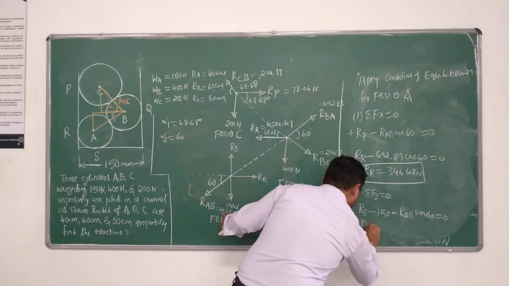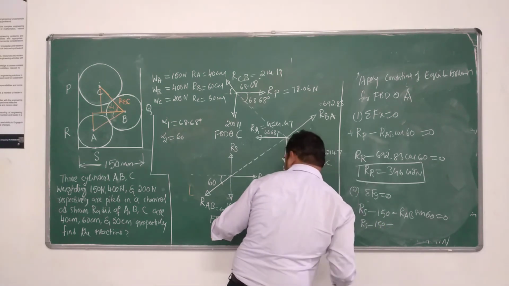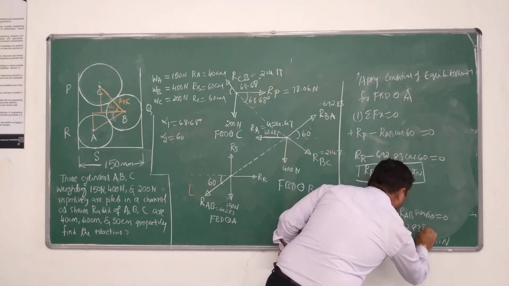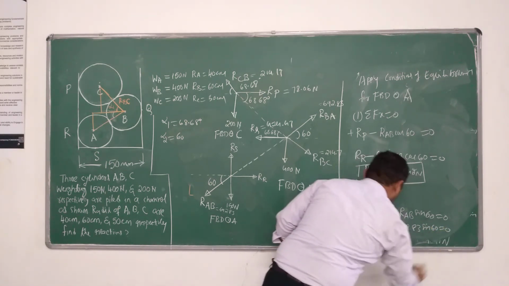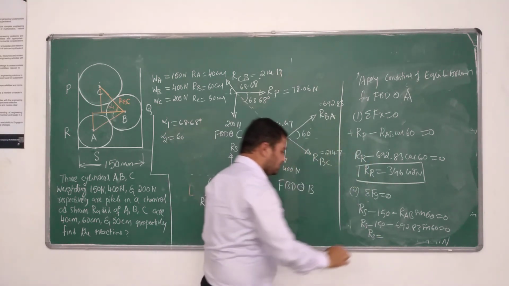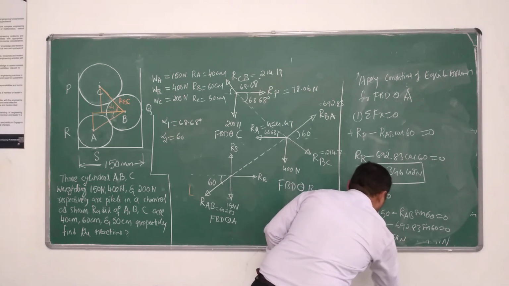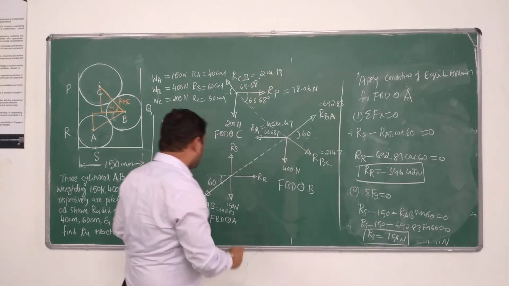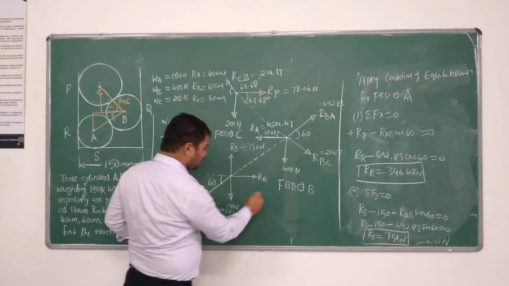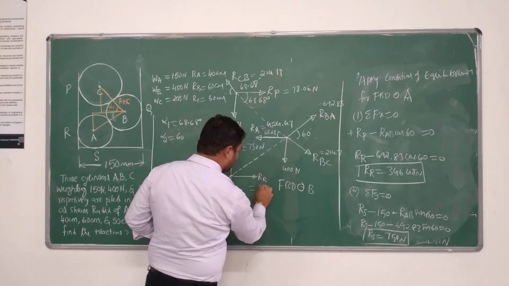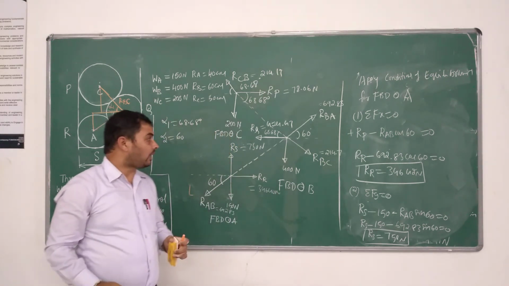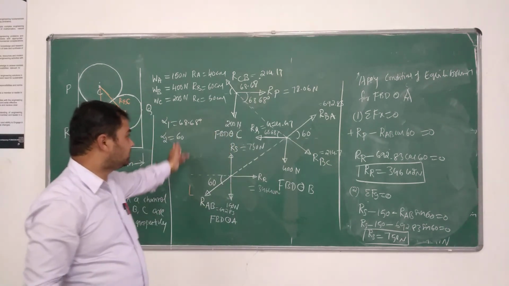So RS minus 150 minus 692.83 sin 60 is equal to 0. From this we can calculate the value of RS as 750 Newton. RR is equal to 346.4 Newton. Hence we have calculated all the reactions.